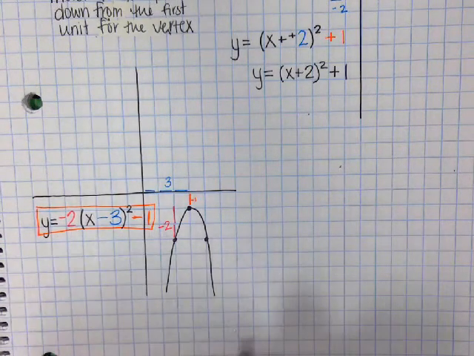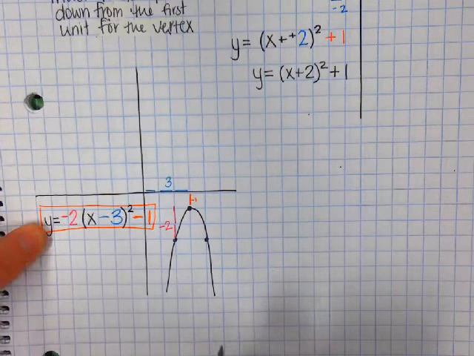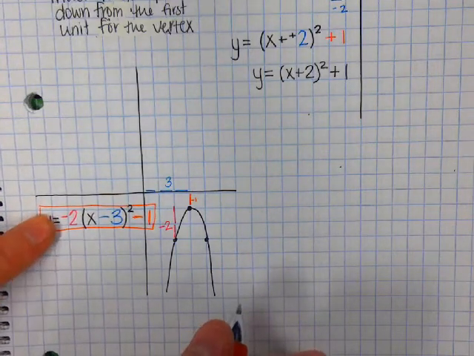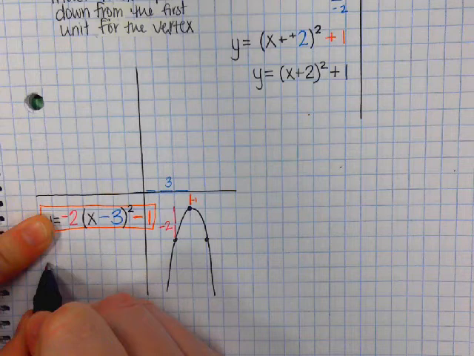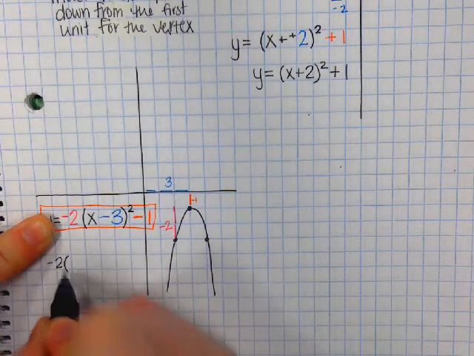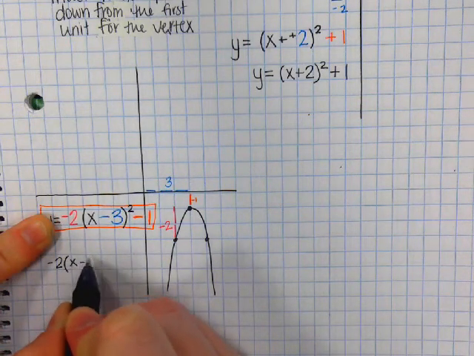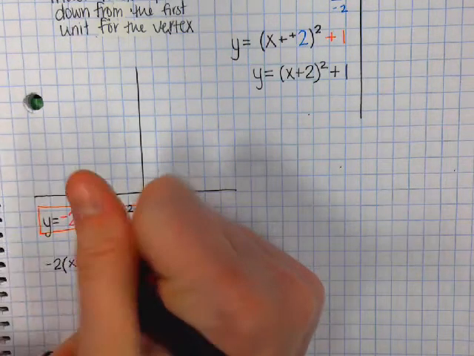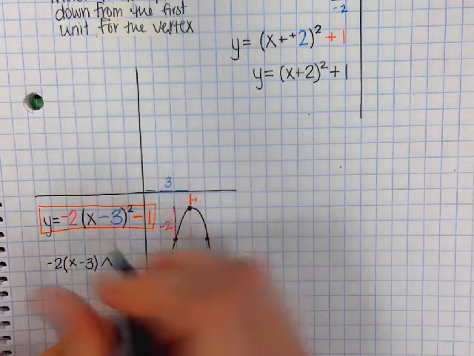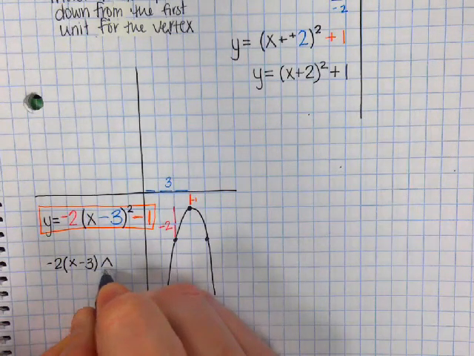Now on your assignment you are going to have to type this in. So in order to do so, the y equals is already there, so do not type the y equals. You are going to hit -2 parentheses x -3, just like you would think. Then you're going to hit Shift 6. So you're going to hit this button.